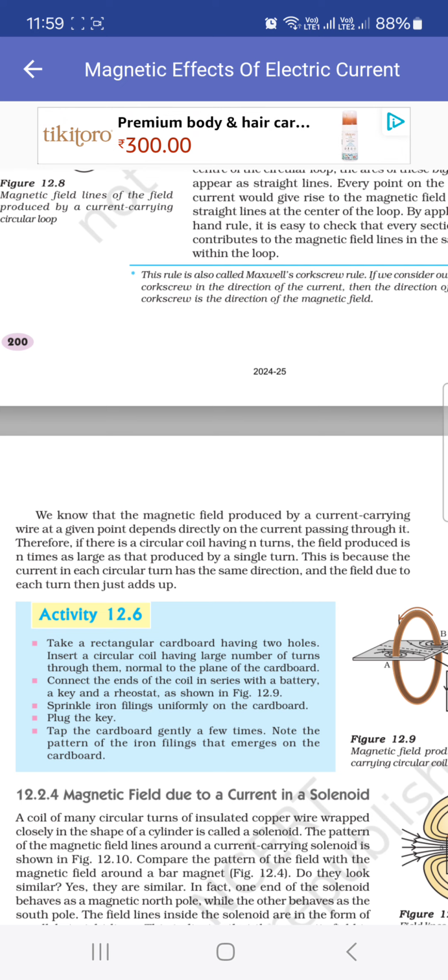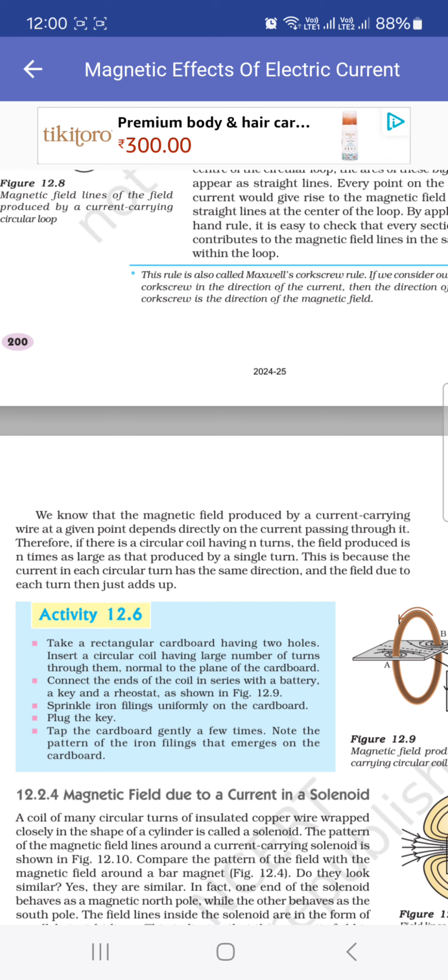And another thing, the strength of the magnetic field produced by the circular coil carrying current is directly proportional to both the number of turns and the current, but inversely proportional to the radius.